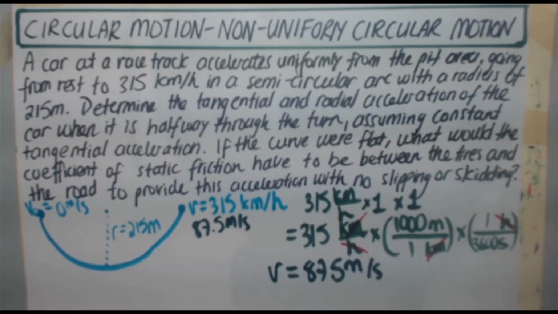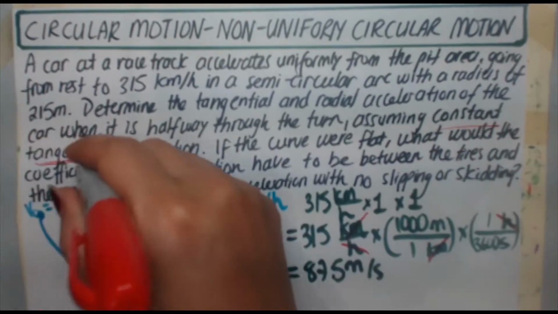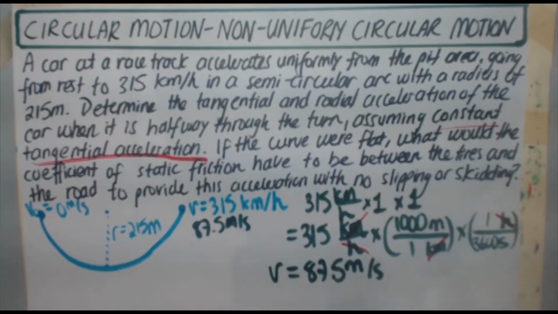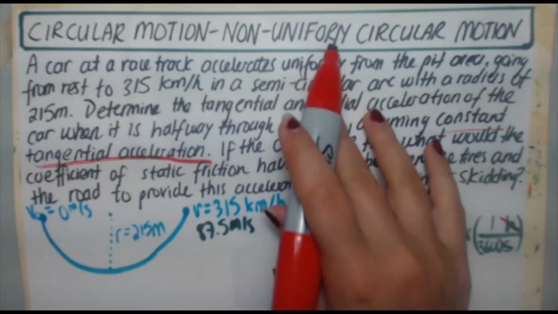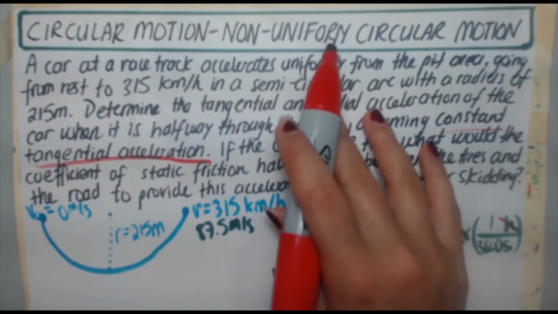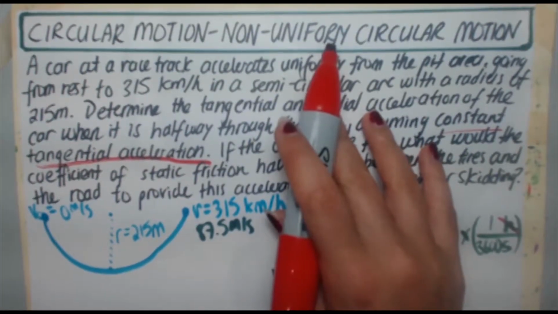A couple things I want to draw on the circle here. The question tells us we're going to assume constant tangential acceleration. And what makes this question different from the standard circular motion problems is that it's non-uniform. With circular motion problems, we know we have centripetal acceleration.